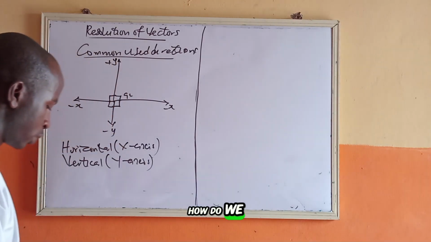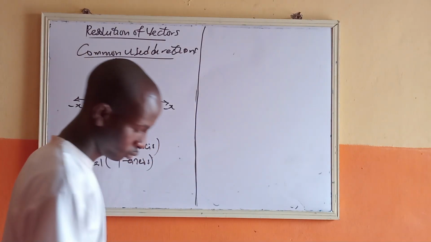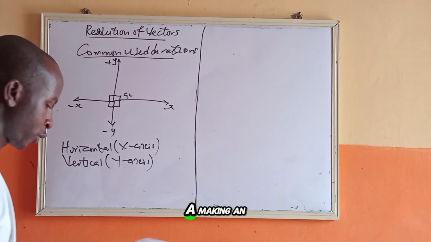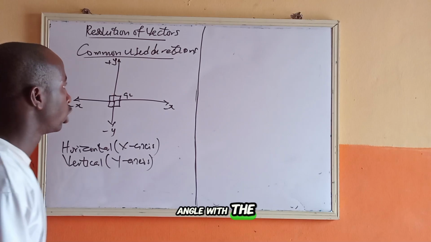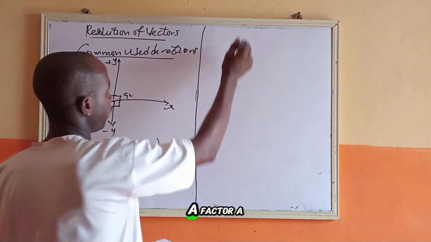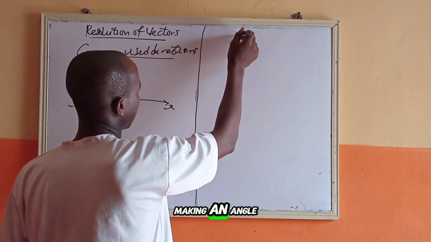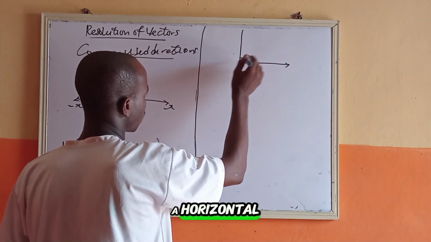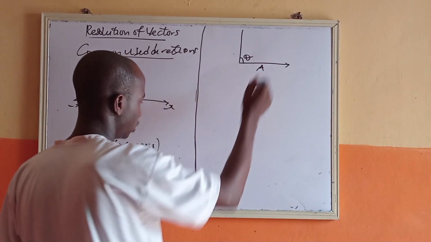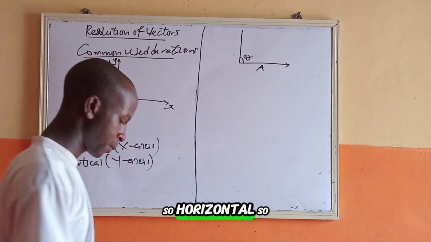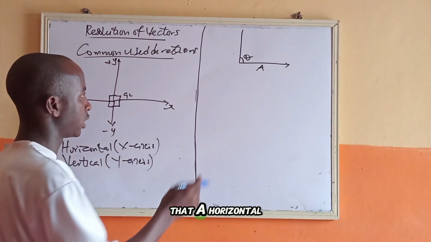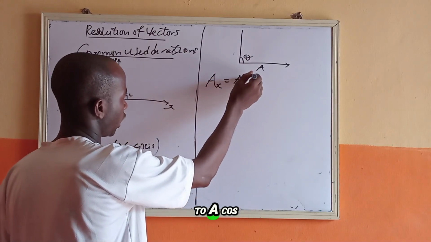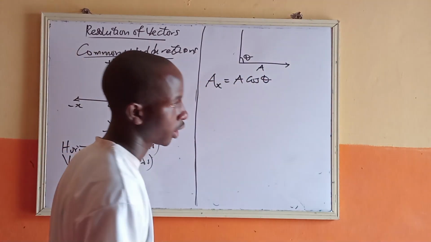Okay. How do we now do resolution of a vector in two dimensions? Consider a vector A making an angle theta with the horizontal. So the formula is that the horizontal component, AX, is equal to A cos theta.